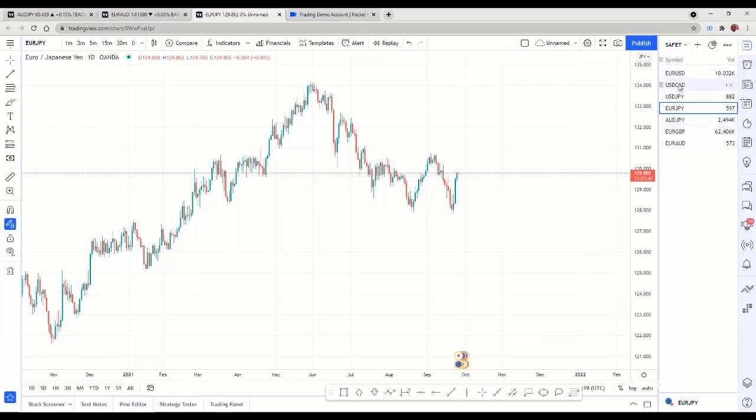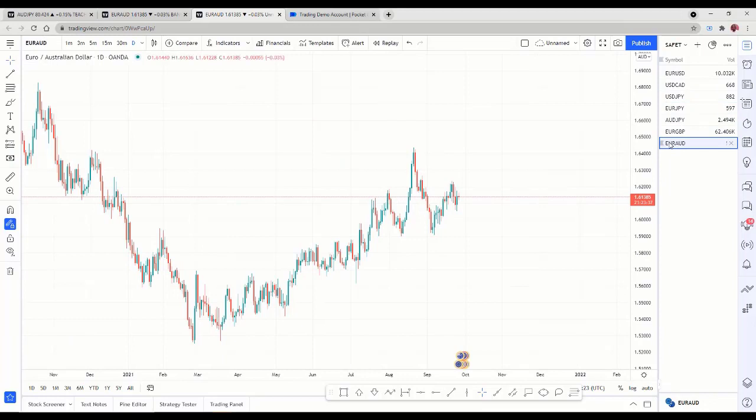I can say that these are areas where price has reacted to in the past, and are also potentially strong areas where price can react again in the future.